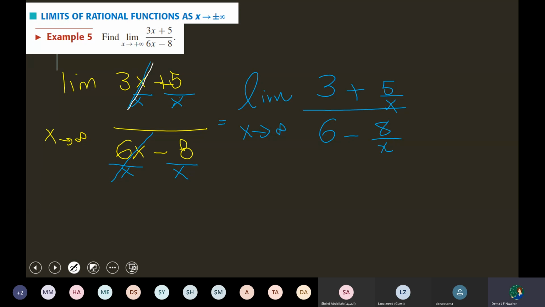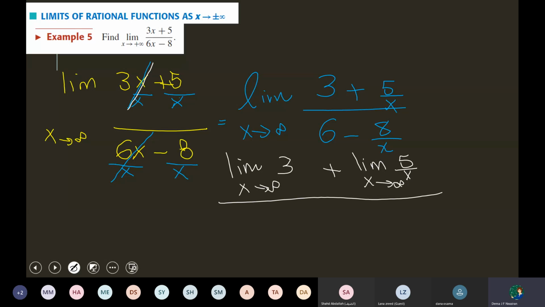Now, let's go to the numerator. We can say it's the limit of 3 plus the limit of 5 over x when x approaches infinity, over the limit of 6 when x approaches infinity minus the limit of 8 over x when x approaches infinity.